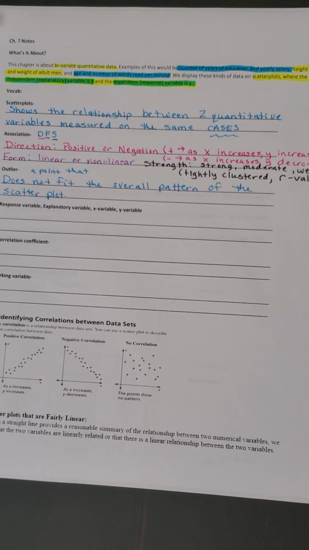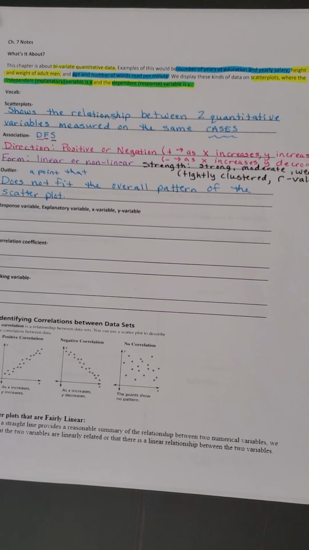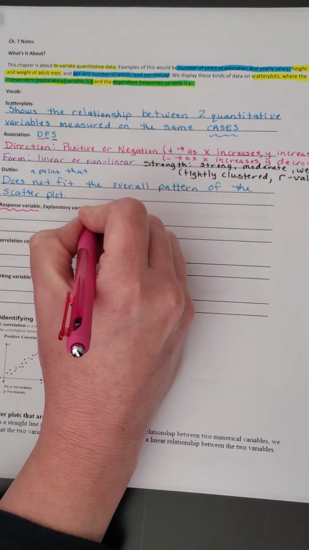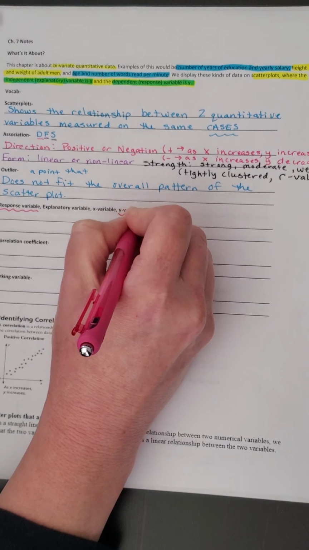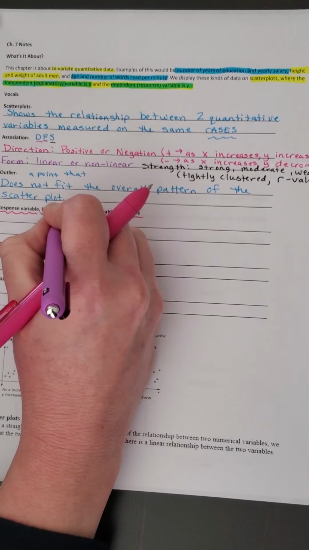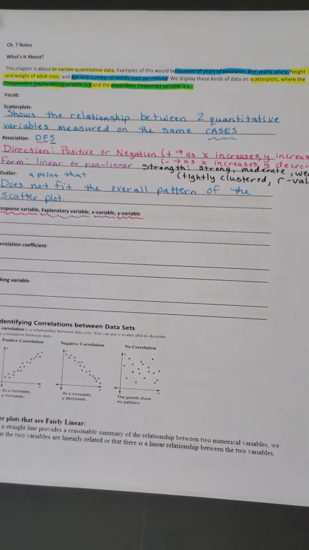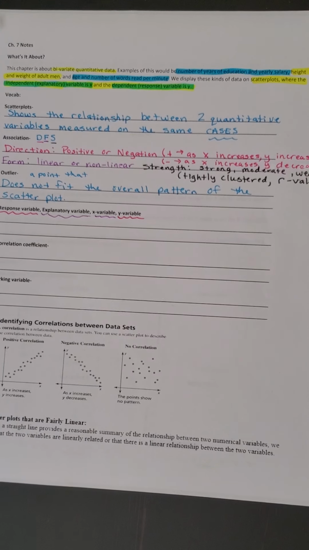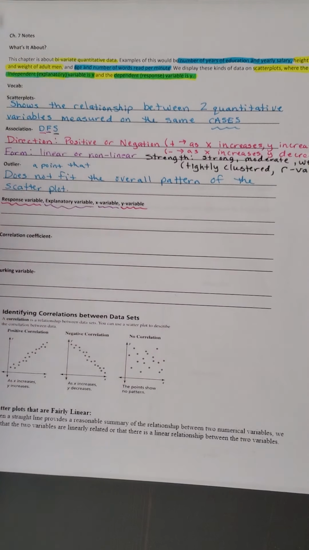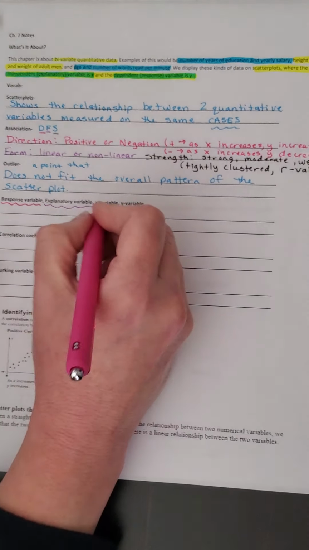Response variable, explanatory variable, X variable, Y variable, right? So response variable is your Y variable, and explanatory variable is your X variable. In a scatter plot, you must choose a role for each variable. You would assign the y-axis to the response variable, and that's the one that you're trying to predict.